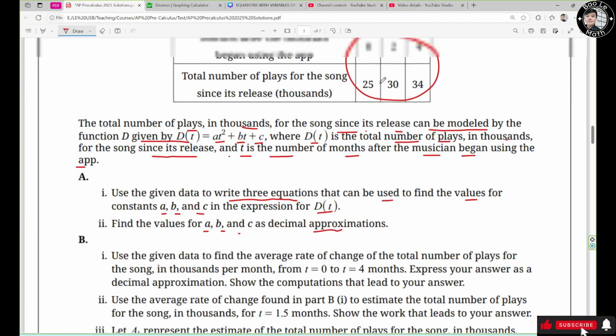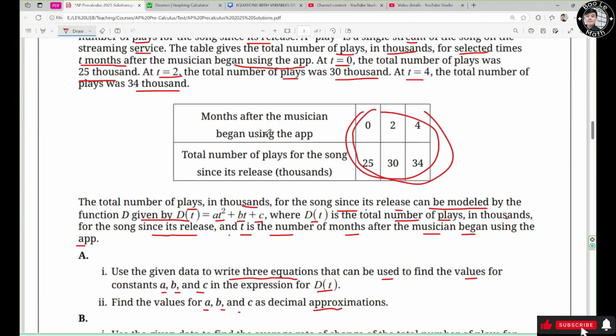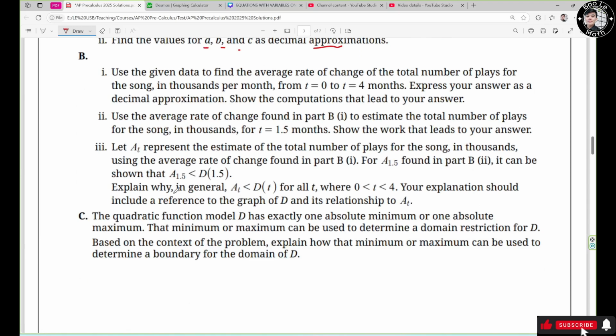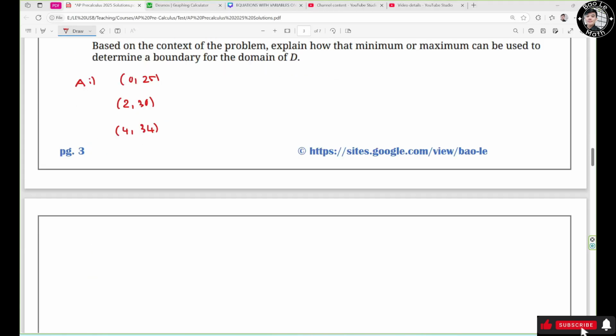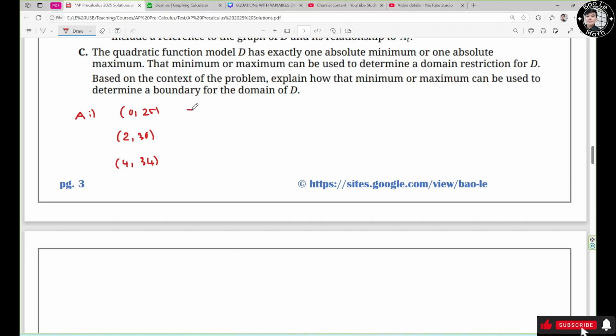Alright, so we're going to use 3 points right here. So A, I. Alright, so we have the first equation, t=0, so we have a times 0 squared plus b times 0 plus c equals 25, right?